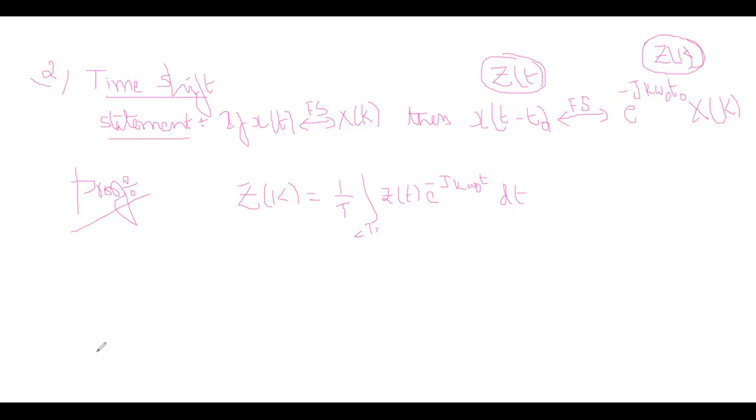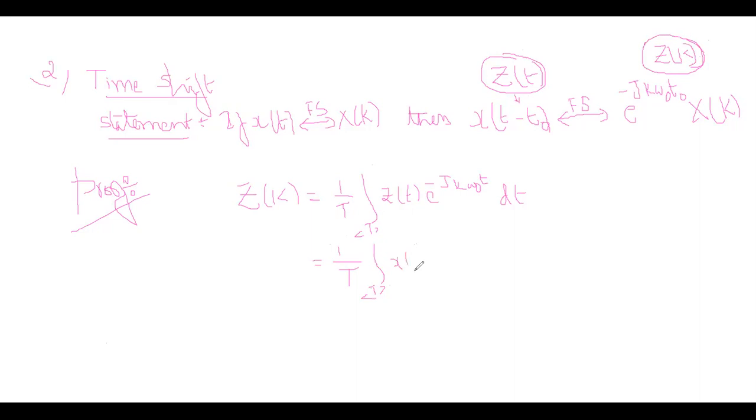Okay, my dear students. z of k is equal to 1 by T, the integral over T. So what is the z of t given here? x of t minus t naught.